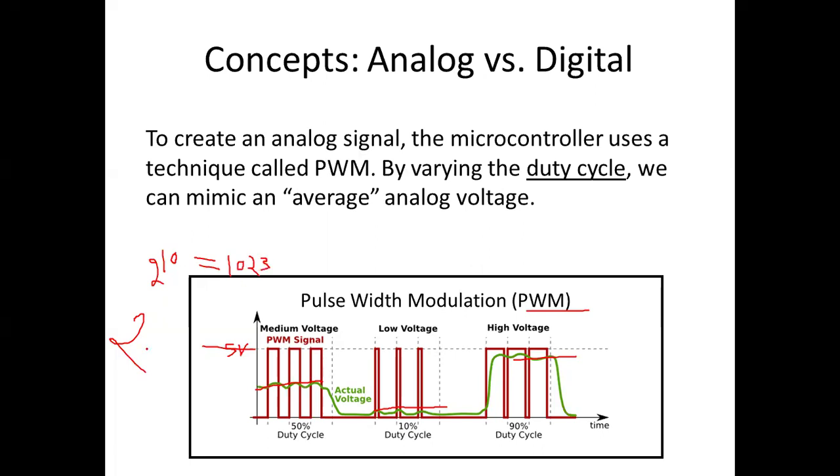Whenever we write analog output, we write with 2 raised to power 8, that is 256. The input total is 1024, and this one is 256 when we start from 0. So we can write up to 255, which we have already discussed in a previous session.